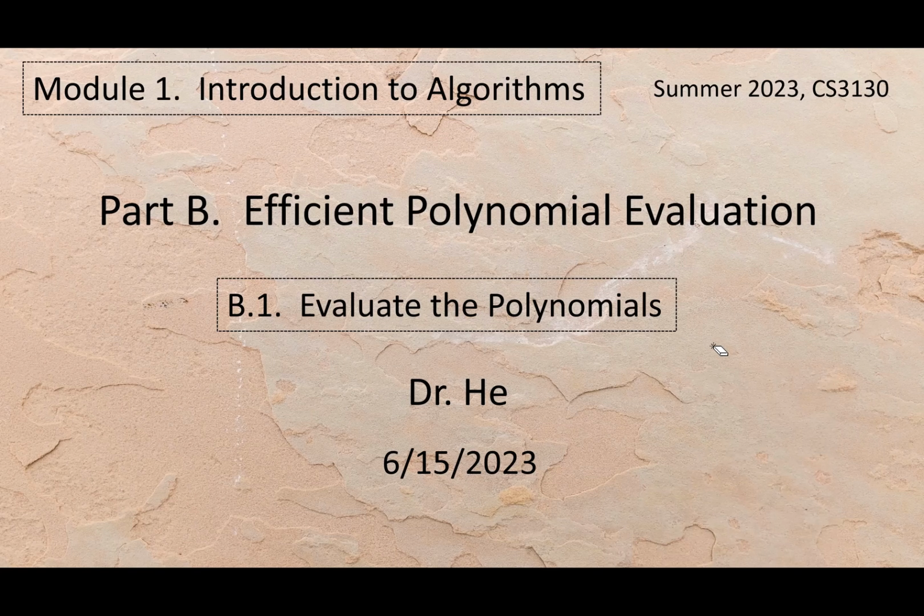For this topic, I need to use 3 subtopics, B.1, B.2, B.3, to complete the whole story. The first one, evaluate the polynomials. So when we start, all of you know how to evaluate a polynomial, but we want to see what is the best way, what is the fastest way, what is the most efficient way.